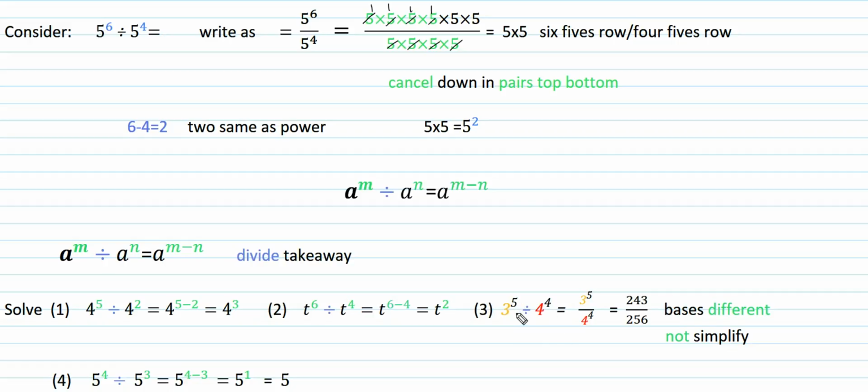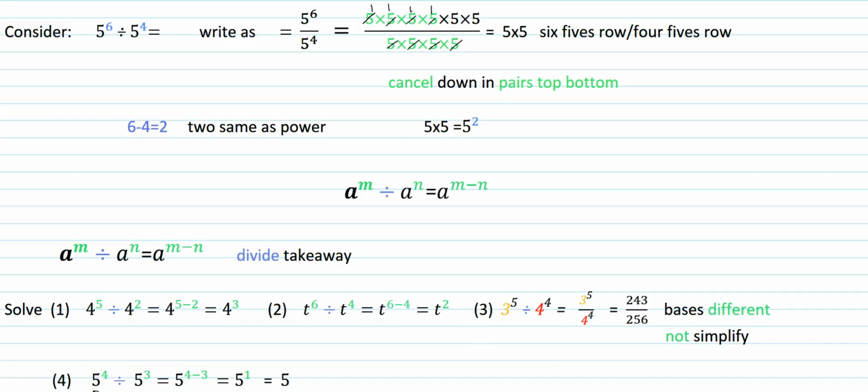But what we can do is put 3 to the power 5 on top, divided by 4 to the power 4 on the bottom. 3 to the power 5, we multiply 3 times itself 5 times, that's 243, and you divide it by 4 to the power 4, which is 4 multiplied by itself 4 times, and it's 256. So here the bases are different, this 3 and this 4. In the earlier examples they're the same, it's 4 and 4, and t and t, so you can simplify.